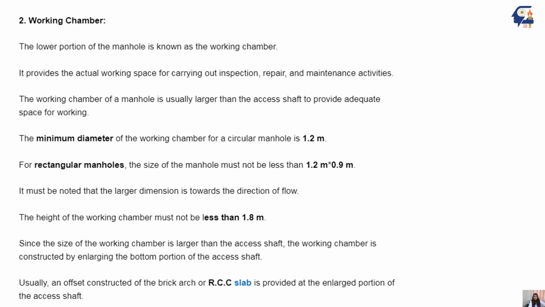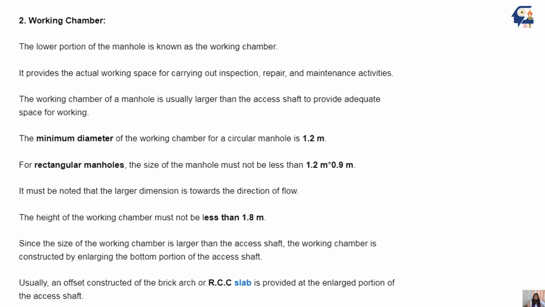Next is the working chamber. This is the lower portion of your manhole, and it provides the actual working space for carrying out inspection, repair and maintenance activities. The working chamber of a manhole is usually larger than the access shaft. The minimum diameter of a working chamber for a circular manhole is 1.2 meters.